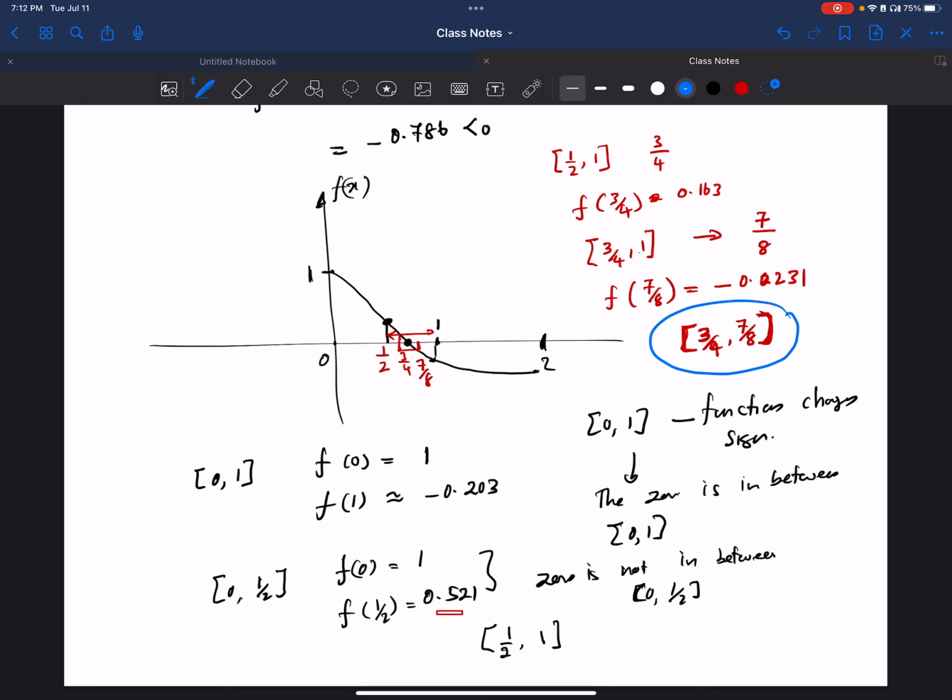We find that the interval in between those two is a 1/8 large interval. So that's how we find the zeros using the bisection method. Okay, let's do another example.